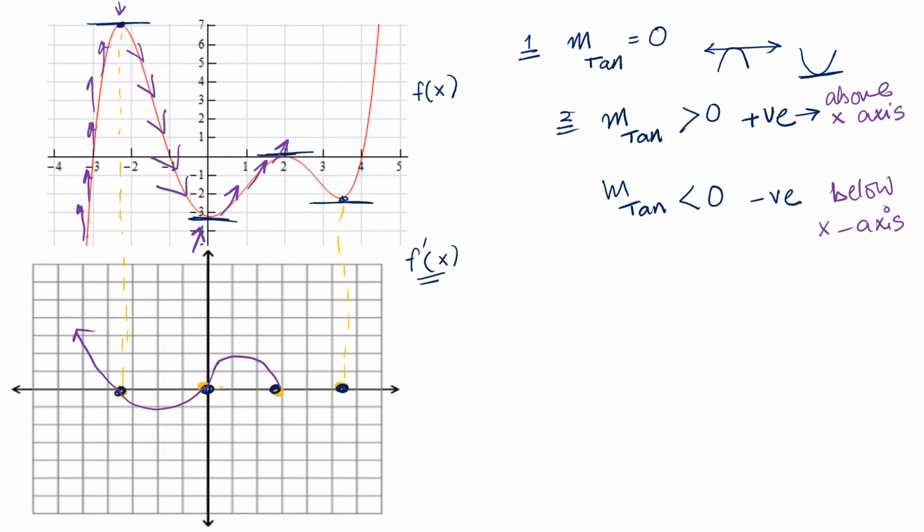Okay. Now after that, again from next, my graph started decreasing, so I will sketch it below the x-axis. Then again it started increasing, so I will make it above the x-axis. Now let's just check how correct we are. Look at the turnings of the original function: 1, 2, 3 and 4.